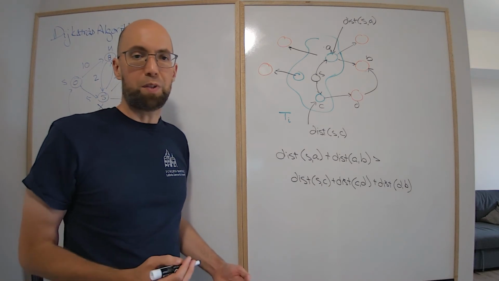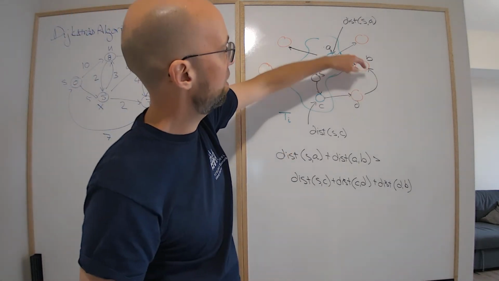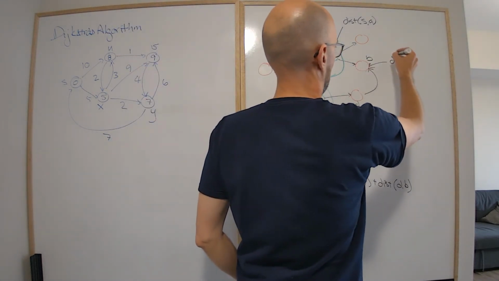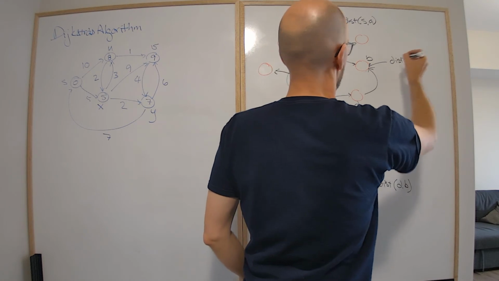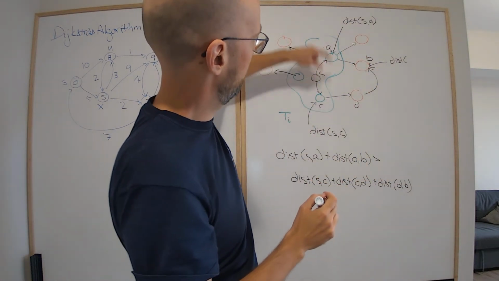But that can't happen. So why? Because we assume that what's written at B is the shortest way to get to B in one step from any of these.